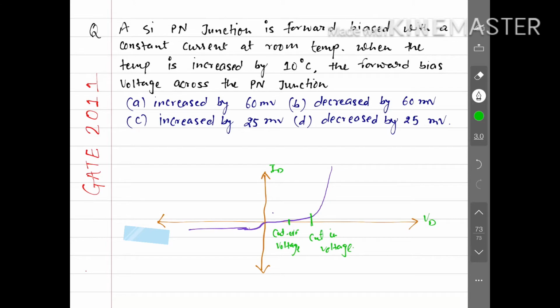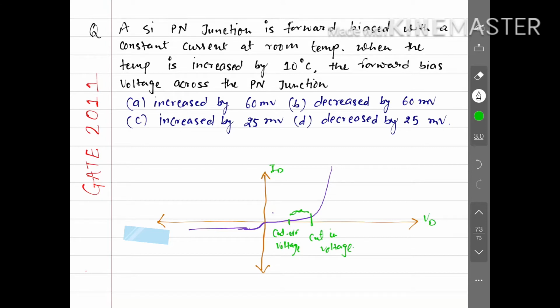In some book they mention cut-in voltage and cutoff voltage as the same point, right? So it's almost negligible. This gap is almost negligible, very less, so we don't treat these two value as different, right? So okay, so this is the basic IV curve of a diode, which is exponential, right, non-linear. So you have cut-in and cutoff voltage, right, ID current and VD voltage.